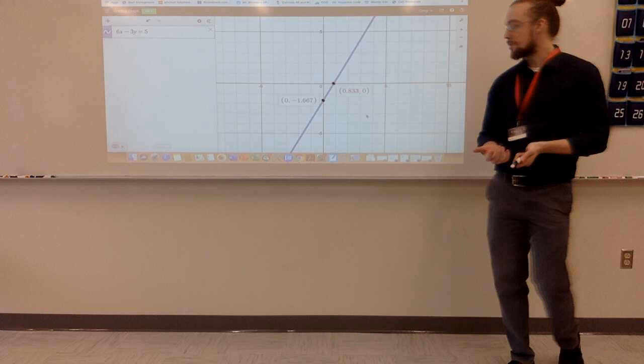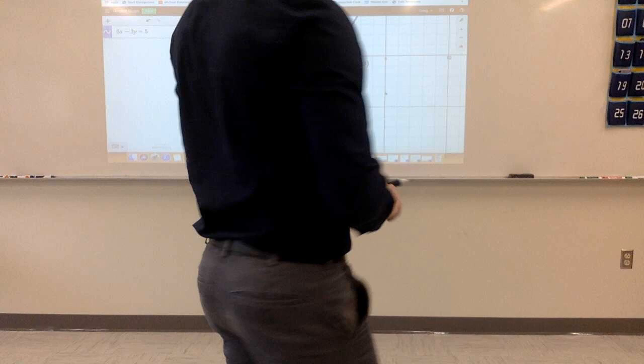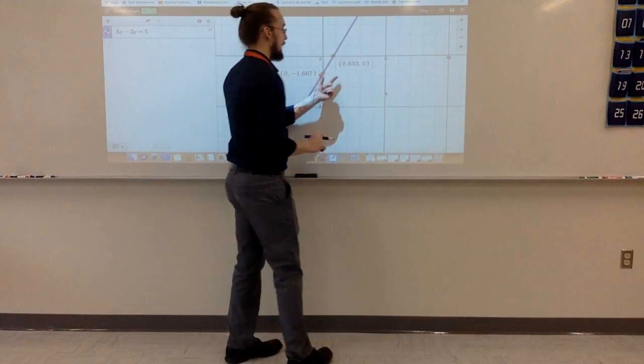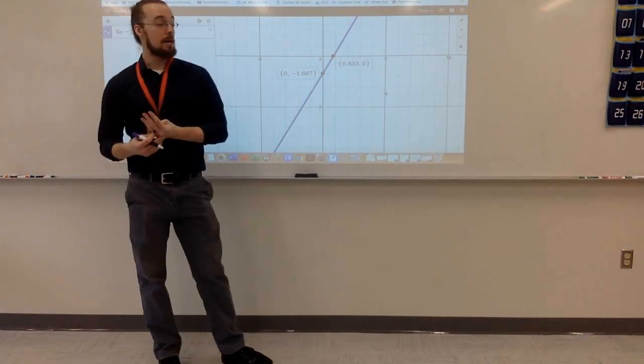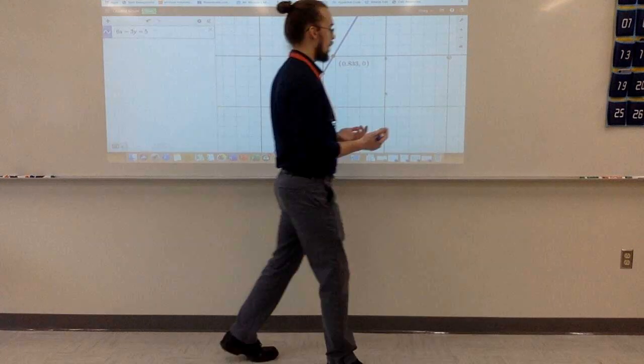So if I take each of these coordinates and multiply by 6, we can just put that in the calculator. If I do 0.833 times 6, it's actually going to come out to exactly 5, right?